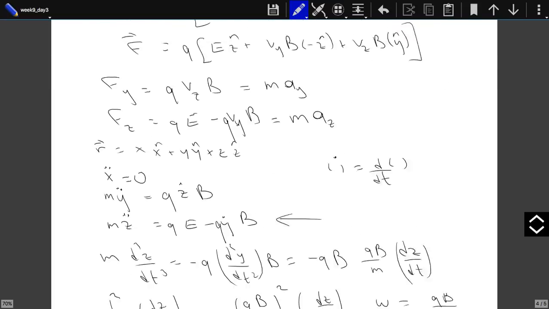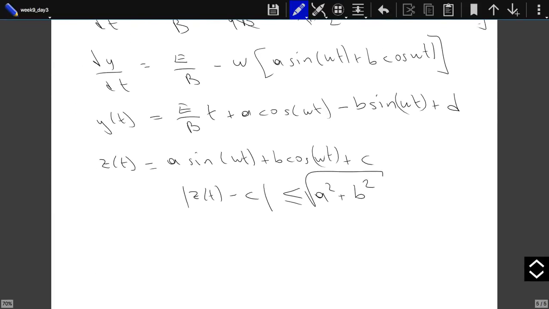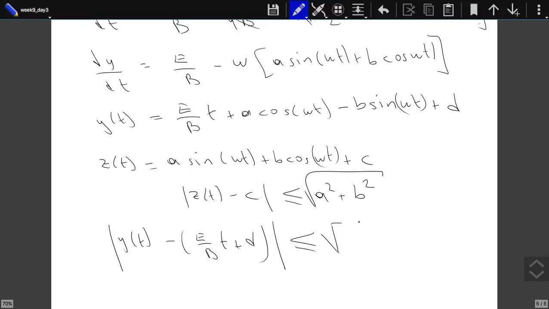Now, on the other hand, let's look at the y component. So y of t minus E over B times t plus d. Again, let's look at this absolute value. Again, I have these a and b's, so again this will have the amplitude square root of a squared plus b squared.